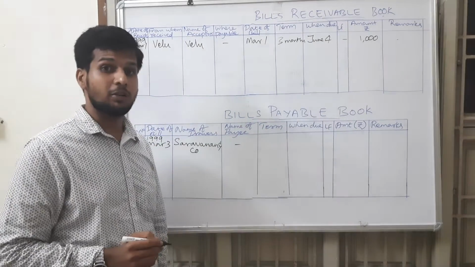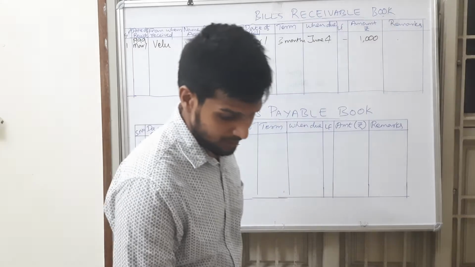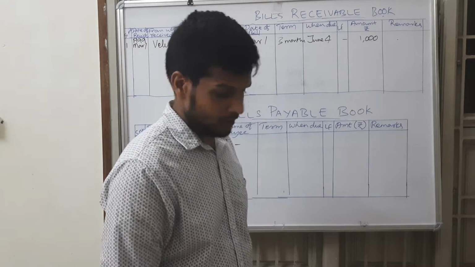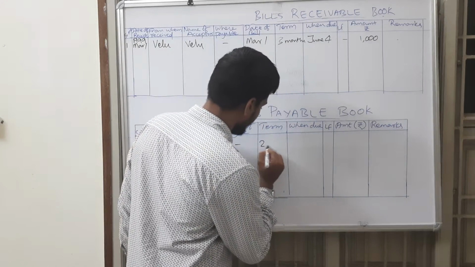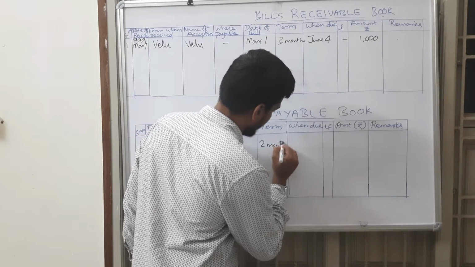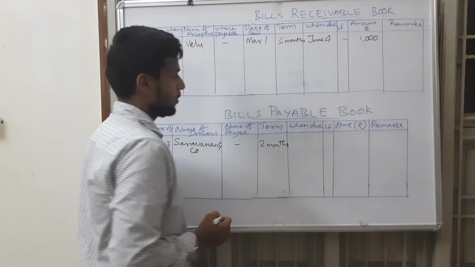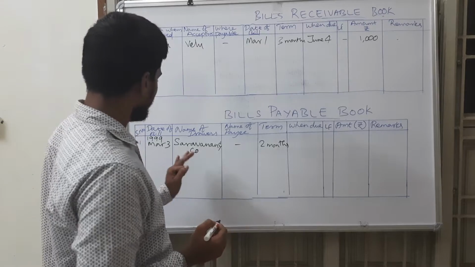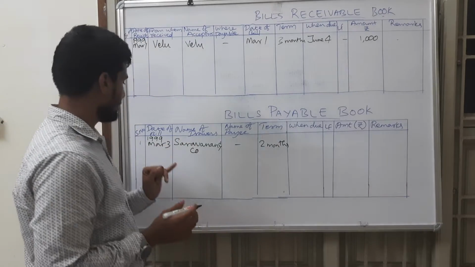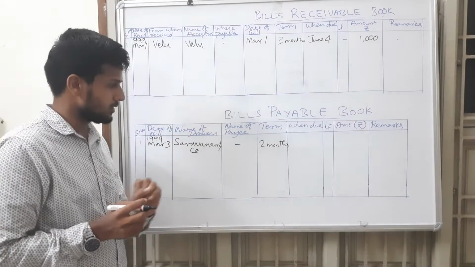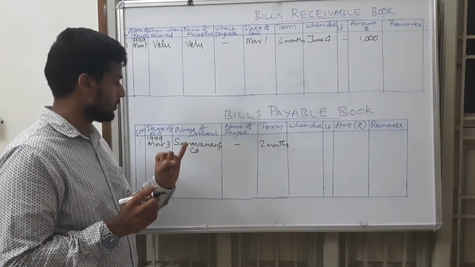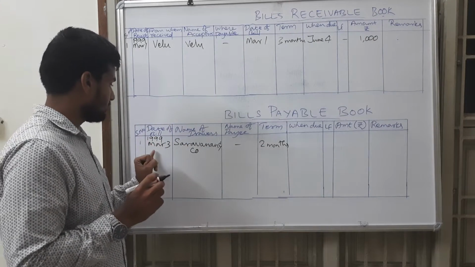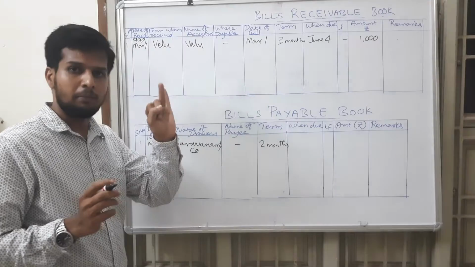And what is the term of the bill? They have mentioned 2 months bill. What is the due date of the bill? The date of the bill is March 3rd, right? Then 2 months bill means the due date is April 3rd, May 3rd.